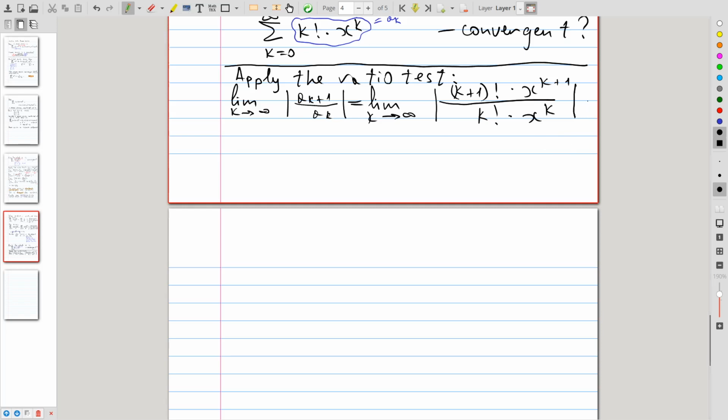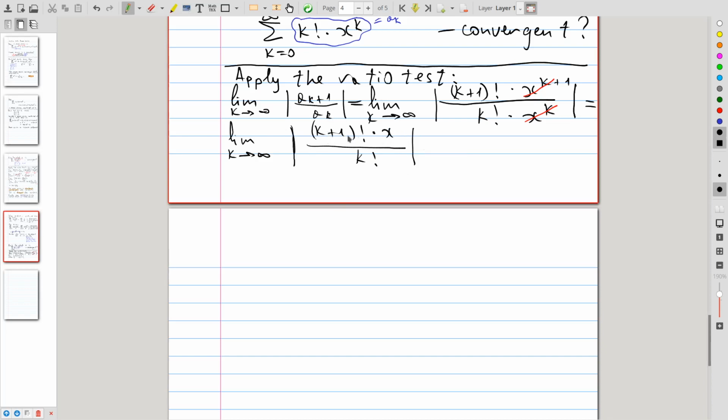All right. First of all, I'm going to try to cancel as much as possible. So it is clear that the powers of x will cancel out. So what remains is the limit as k goes to infinity of (k plus 1) factorial times x divided by k factorial. Now, observe that the only factor in this expression that can become negative is x itself.